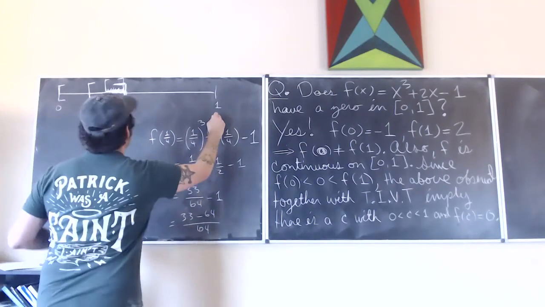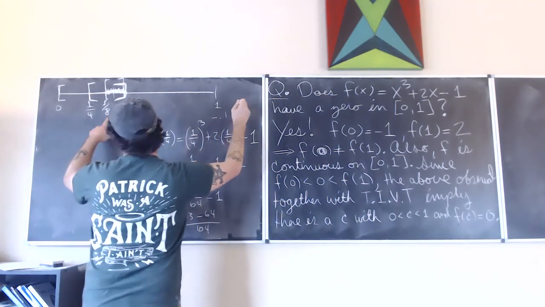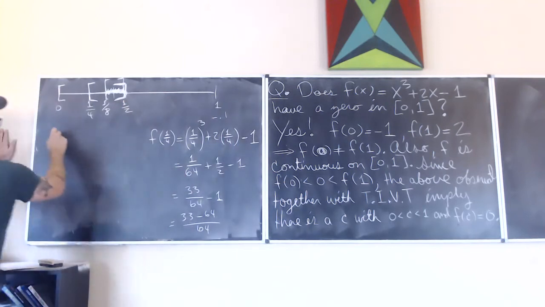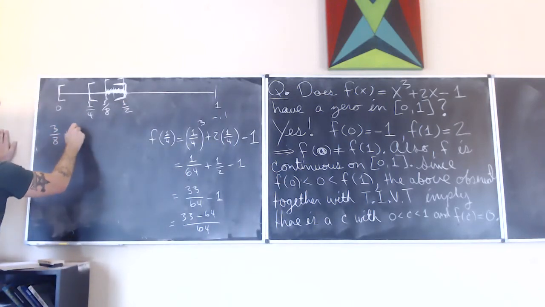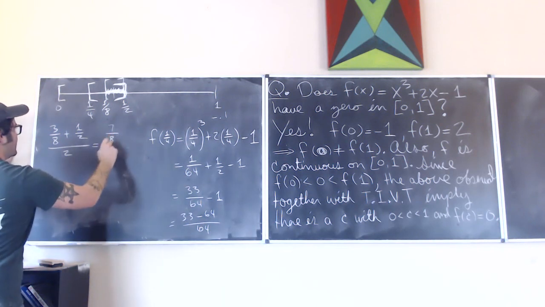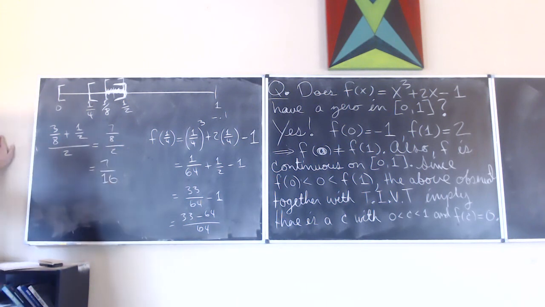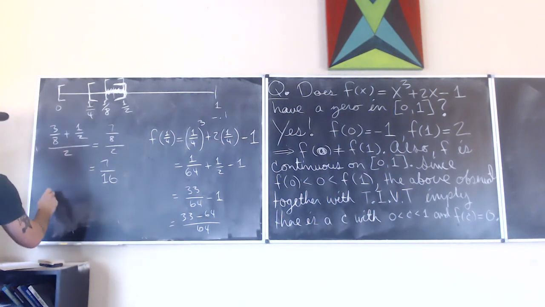So at 3/8, it was negative 0.1 something, right? So now the midpoint is 3/8 plus a half over 2. So what is that? 7/8 over 2, so 7/16. So now what's f of 7/16?